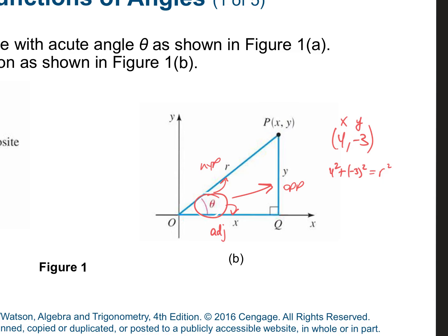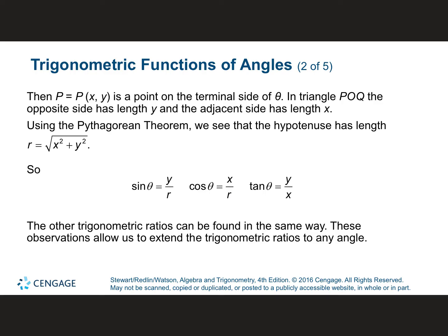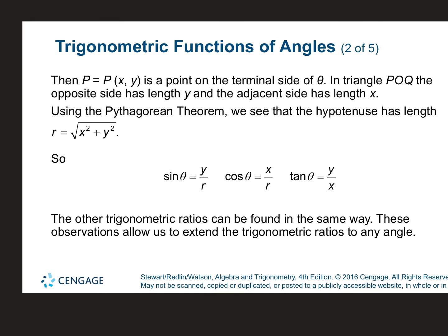These are the things you guys need to remember. We're going to go over this a gajillion times. Instead of opposite, adjacent, and hypotenuse, we're going to use the letters y, x, and r. R is always your hypotenuse.